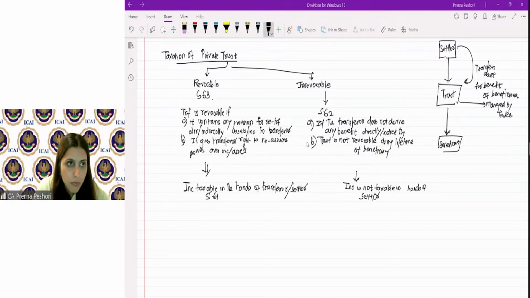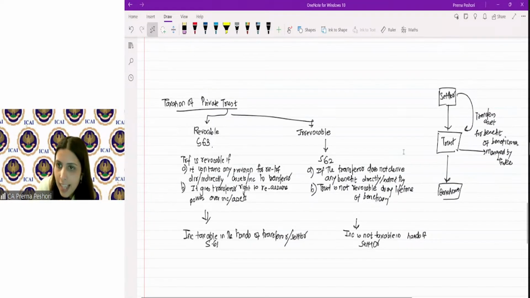Okay. Now, one more very important part. As I said, when the settlor transfers the asset for the benefit of the beneficiaries, in that particular case, whether any capital gain will arise to the settlor.